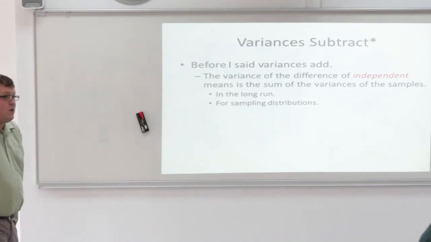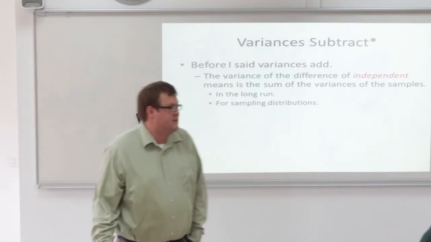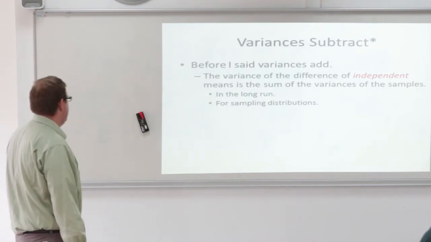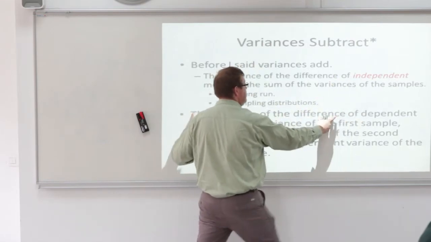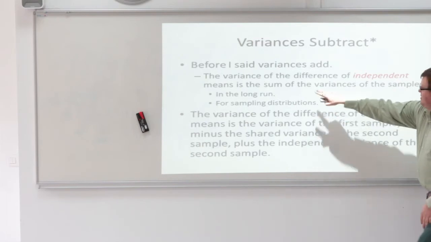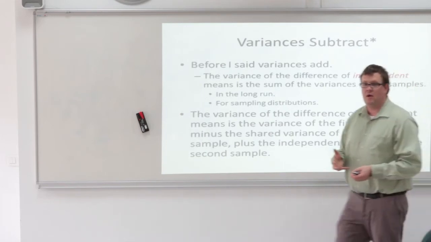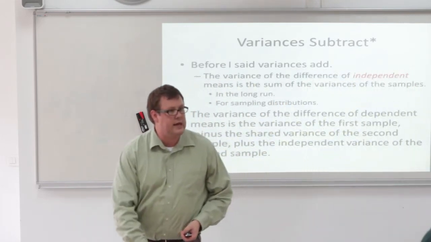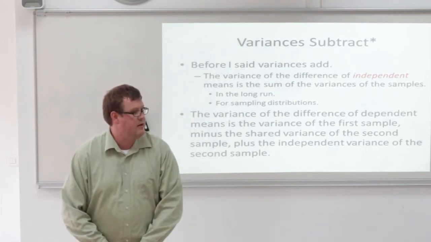Now, today we don't have independent samples. We have paired samples, dependent samples. So, interestingly, the variance of the difference of dependent means is not the sum of the variances anymore. It's the variance of the first sample minus the shared variance. Shared variance. Well, remember earlier when I said the correlation is how much the two things vary together?